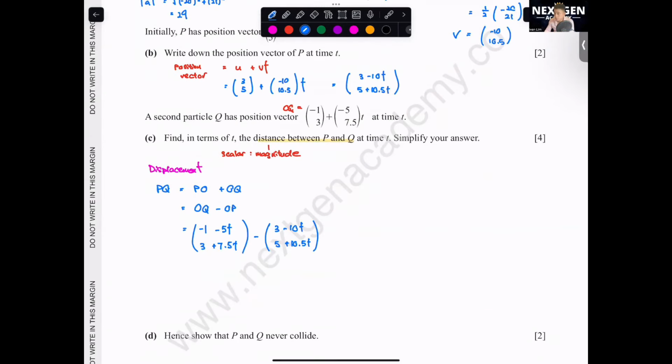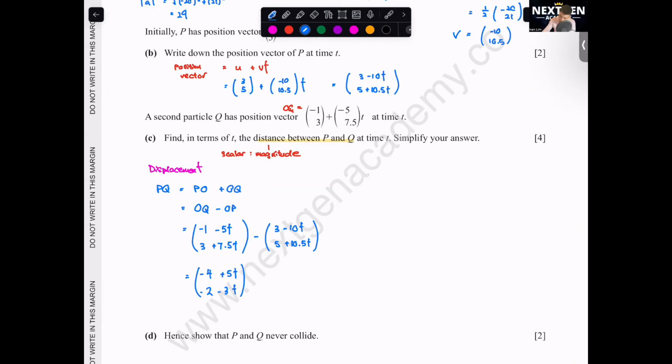Okay, go minus it off. -1 minus 3, we'll get -4 minus 5 plus 10 plus 5t. The bottom one, we'll get -2 minus 3t. Okay, this is displacement.